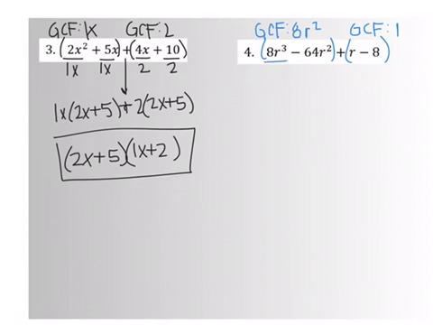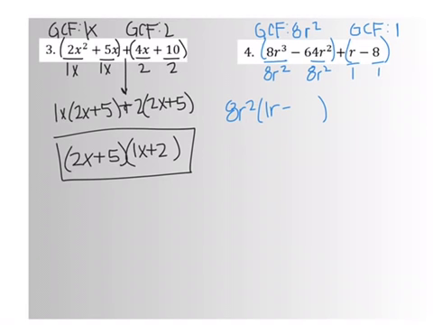So I'm going to go ahead and divide each thing by the GCF that we found for that set of parentheses. Divide this one by 1. And now GCF first, multiplied by what we would have left if we divided it out. So an 8r to the third divided by an 8r squared just gives me a 1r. Minus a 64r squared divided by an 8r squared.